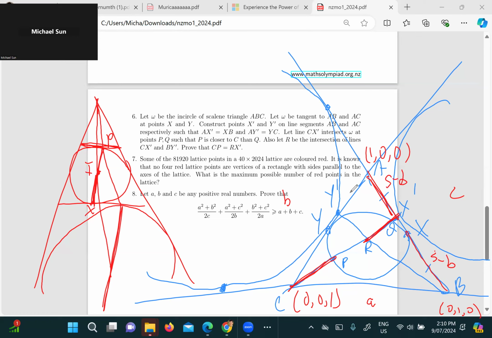This is S minus C. S minus C? No, S minus A. It's probably S minus A. It is S minus A, because this thing reflects over to this, so the length C has that component in it.